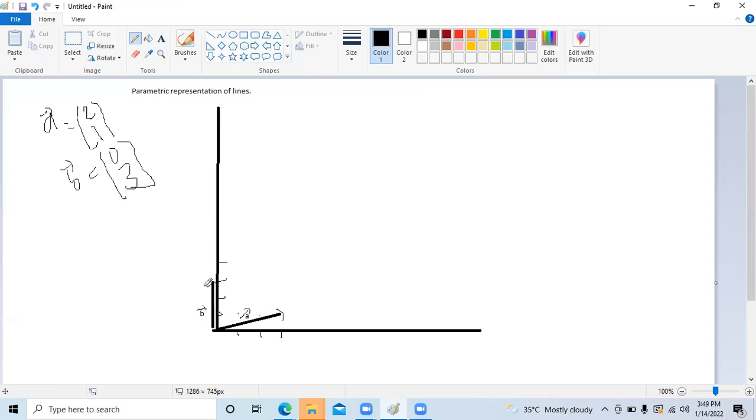Right? So the parametric line for these 2 vectors is the line that goes through the end of these 2 points, right? So I'm going to show you this way.